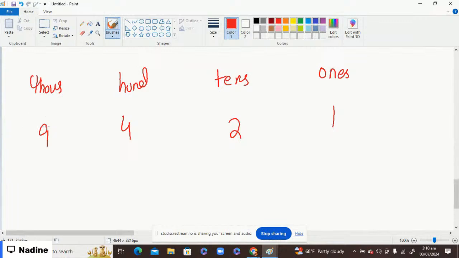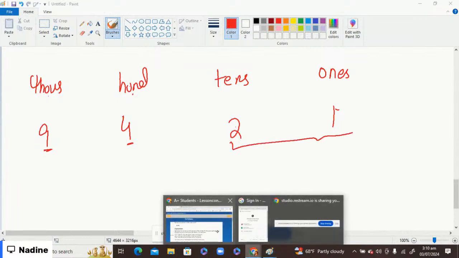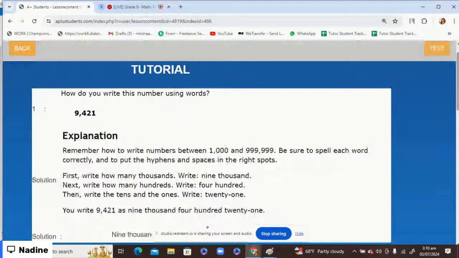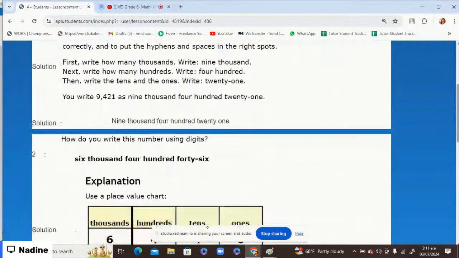Now you just read 9421. Okay, 9 thousand 4 hundred, and 21 together. So we can write it down this way as a number. Okay, 9400.